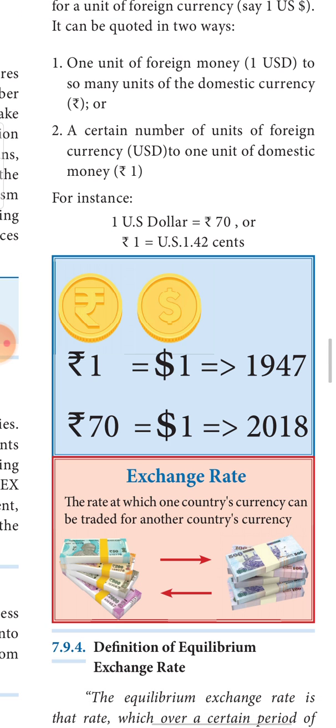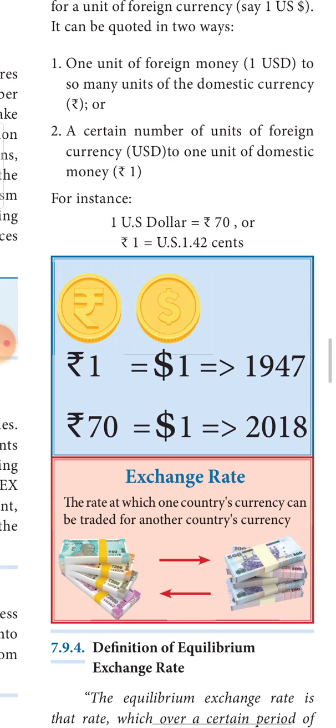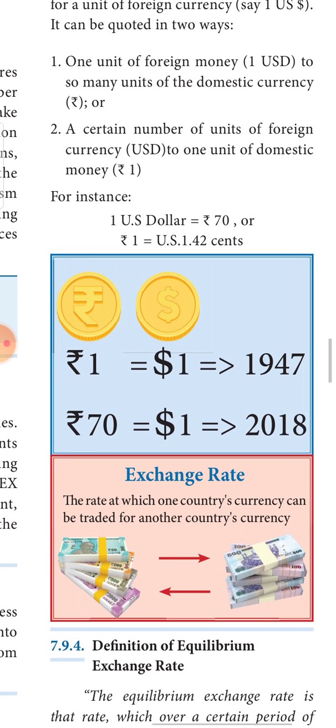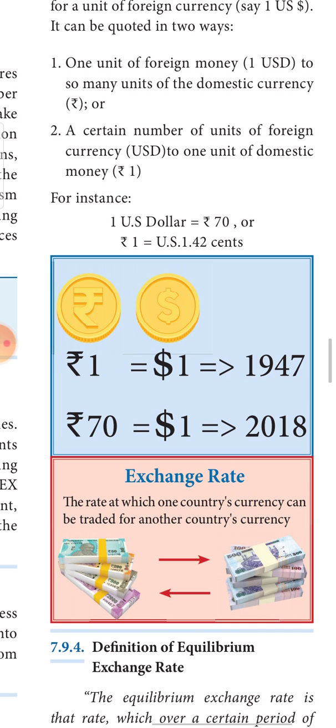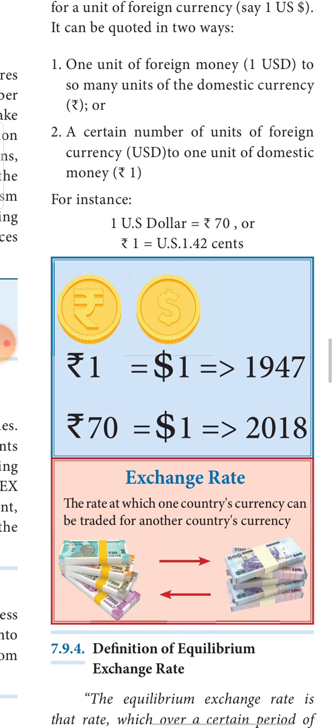That means we should spend 70 rupees to get 1 US dollar. Otherwise, to get 1 rupee, you need to spend 1.42 cents. Cents are like paise; the lower denomination of the US dollar is called cents.